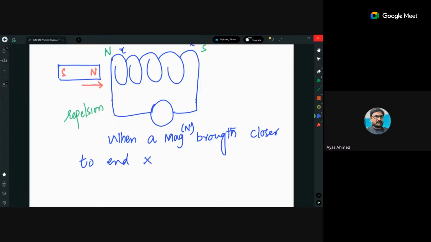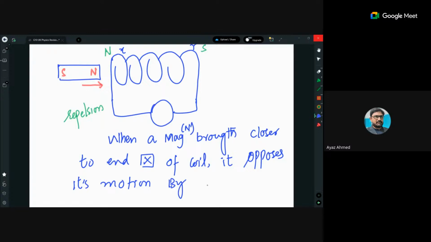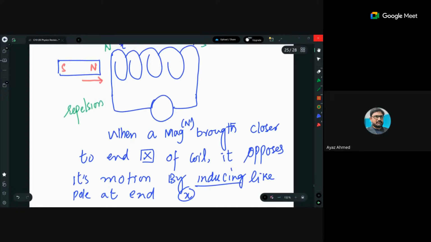This is end X, this is end Y. The coil opposes its motion by inducing, yes, I got a good word, inducing like pole at end X. Sorry, not opposite, like pole, because repulsion takes place. Induces like pole at end X.